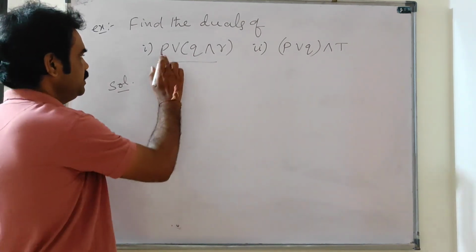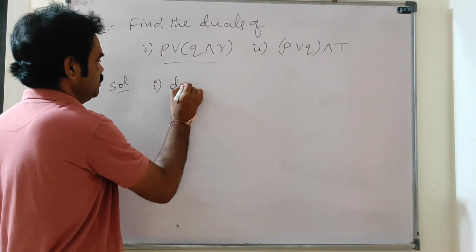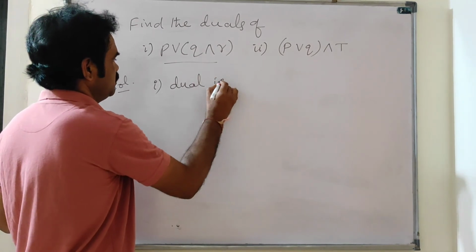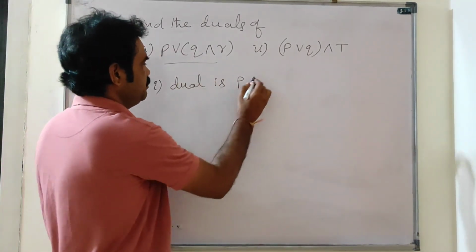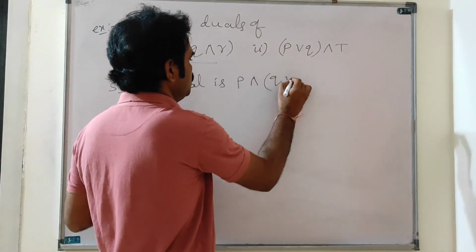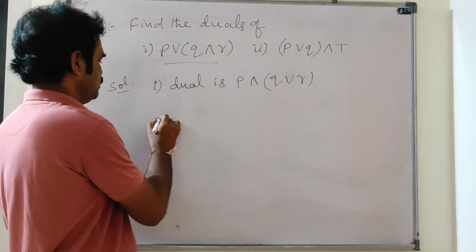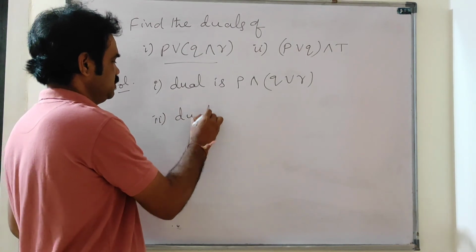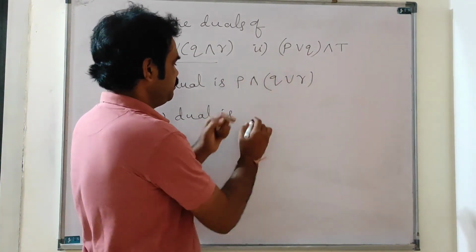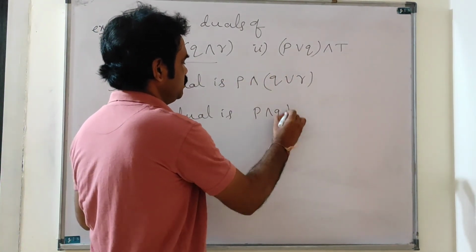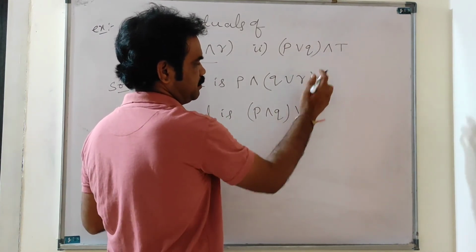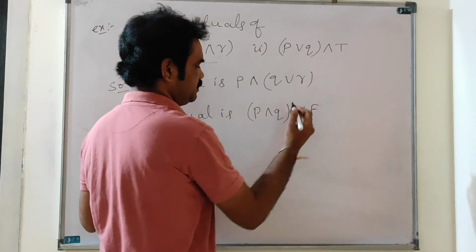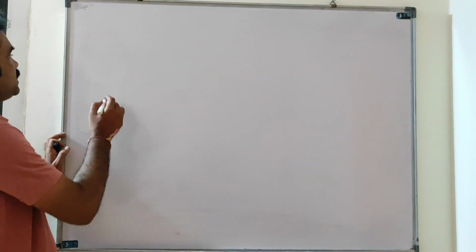Its dual is P and Q or R. Second one, its dual is P and Q, or if there is T, replace that by F. These are duals.